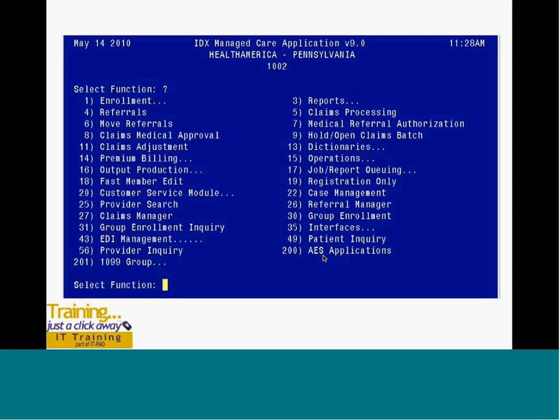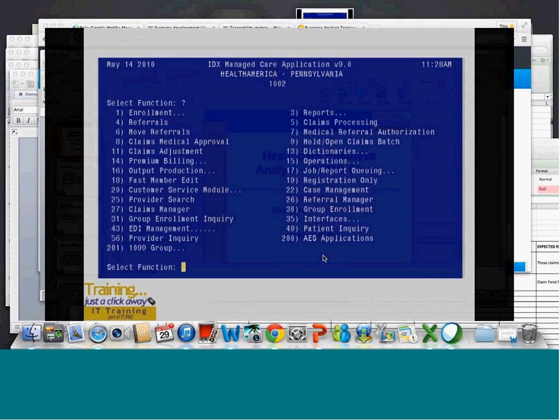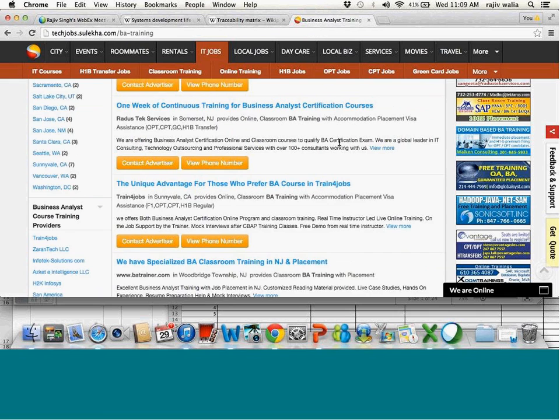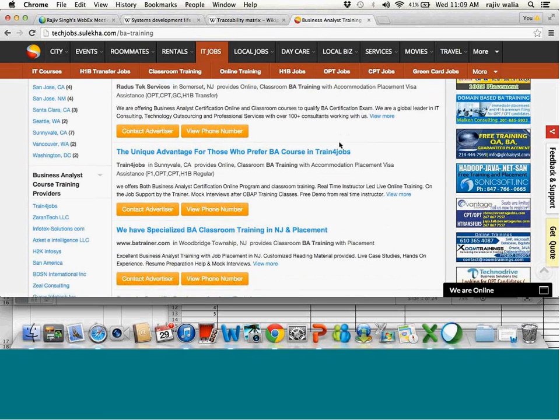Before I begin the class, I want to let you know what you're going to sign up for. The first thing I want you to do after this class is go online. These are the companies you applied to through Sulekha, right? Are you seeing a Google Chrome screen with Sulekha in the background?